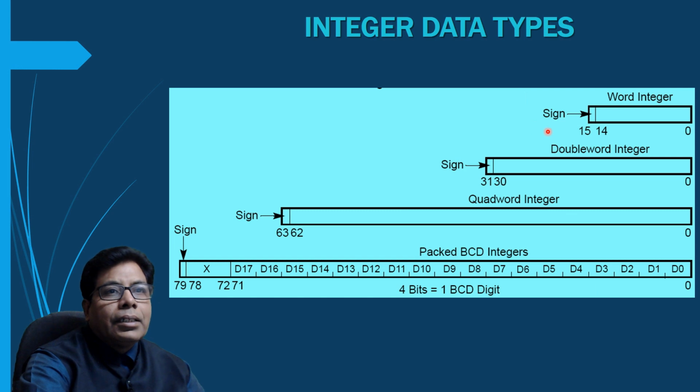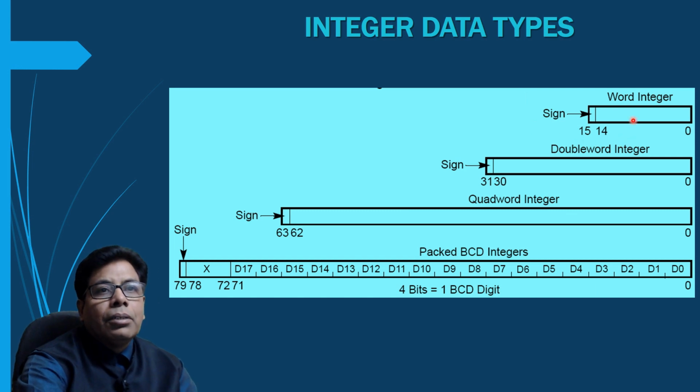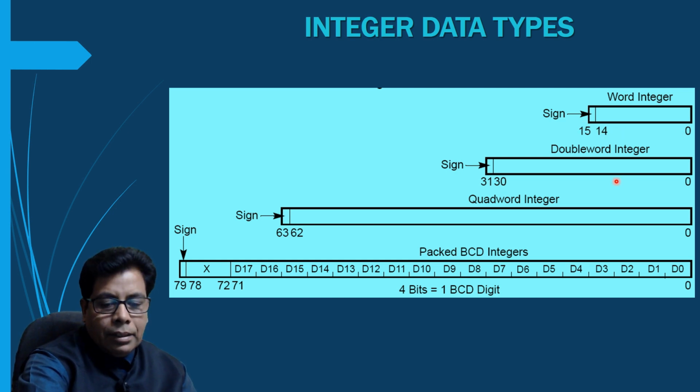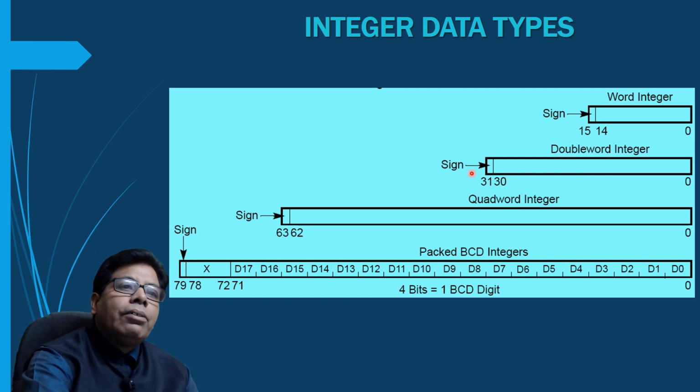Then integer data types. In integer data types, we have the word integer or 16 bit, that will have the sign 1 bit and other bits are 15 bits. Then double word integer, you will again have the sign bit and the rest of them are the other bits. So this will be 32 bit, that is called a double word. And then we have the quad word, that is 64 bit.